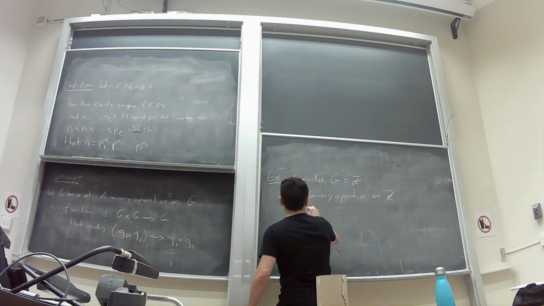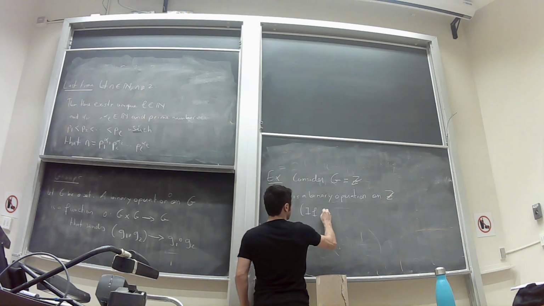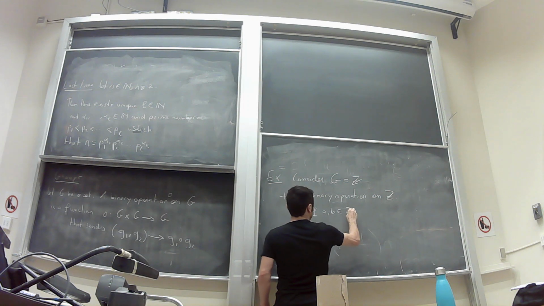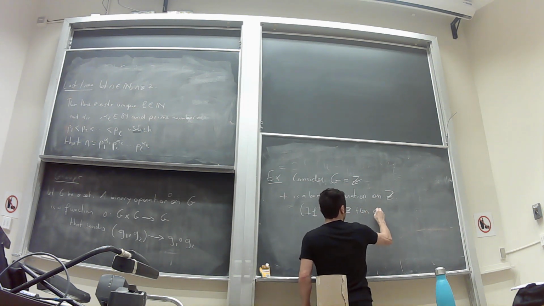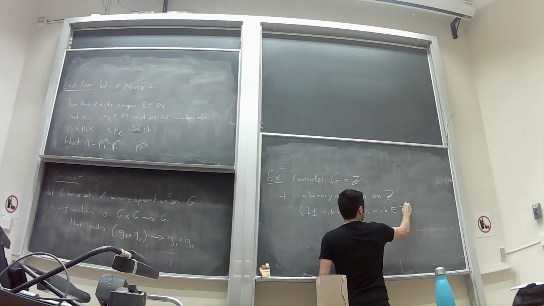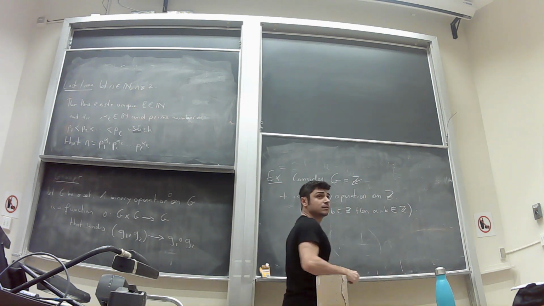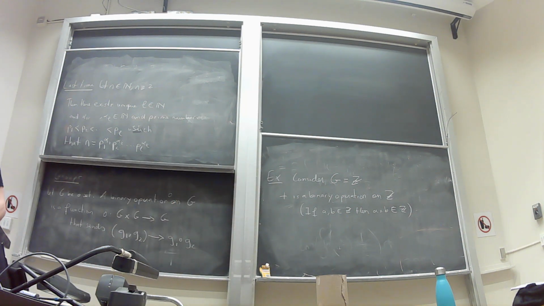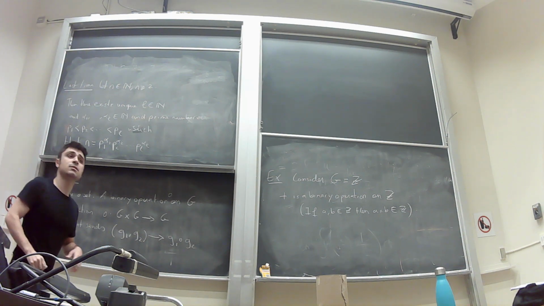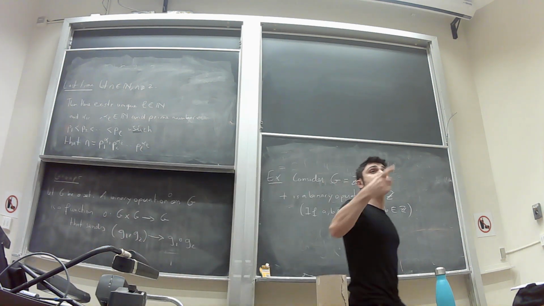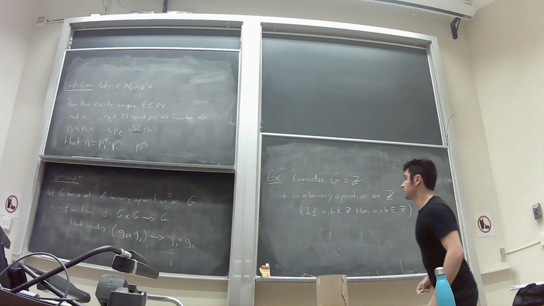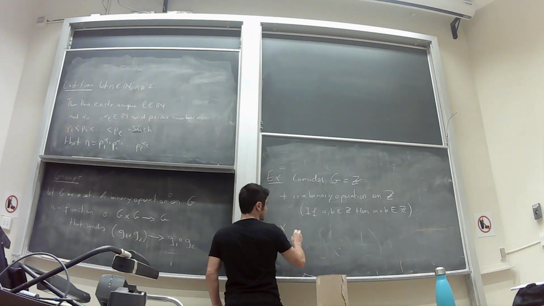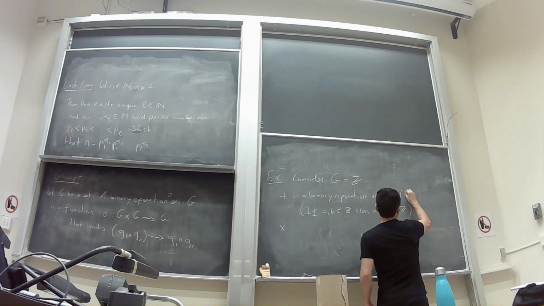If A and B are integers, then A plus B is also an integer. Are we good here? Great. That's a binary operation. What's another binary operation you can define on integers? What can you do with two integers? Multiply them. Times. This is addition of integers.